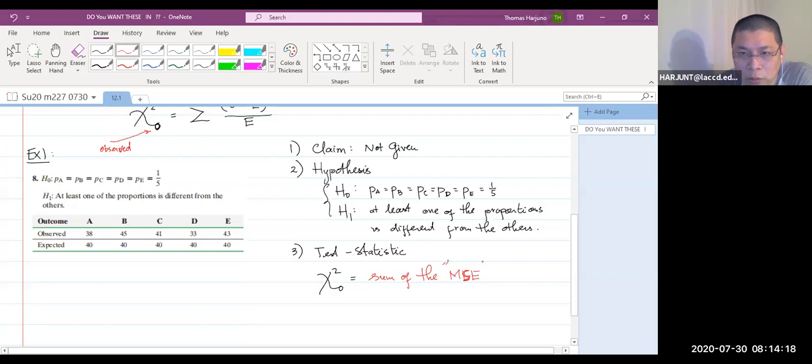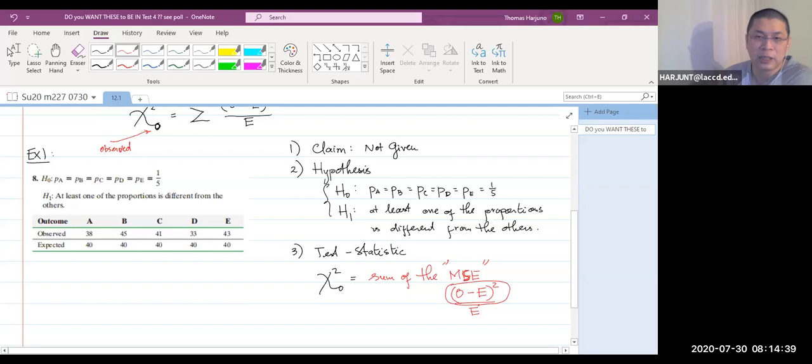Quote unquote, the sum of mean squared error. What is that mean squared error? The observed minus the expected being squared over the expectation. So this is the squared error, and divided by the expectation will give us the mean in some sense, not exactly the same.